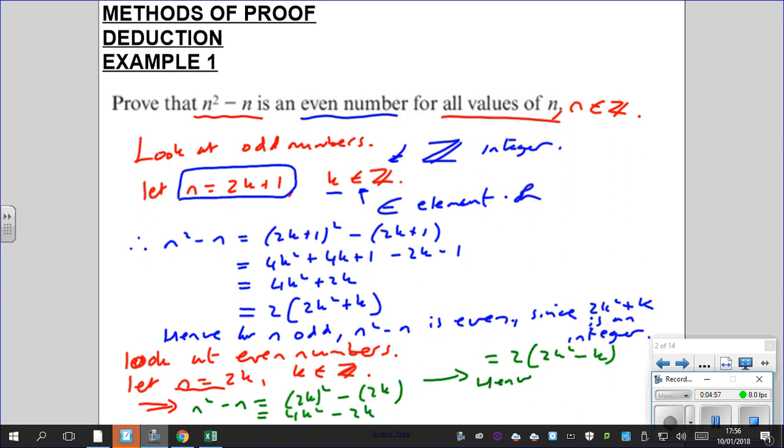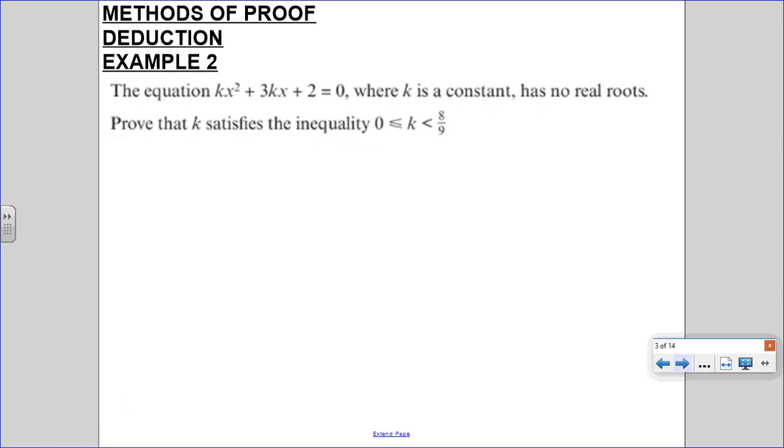So hence, you must have a closing statement: for n even, n squared take n is even, since 2k squared take k is an integer. As you put down the bottom, an integer. Okay, proof 1 done.